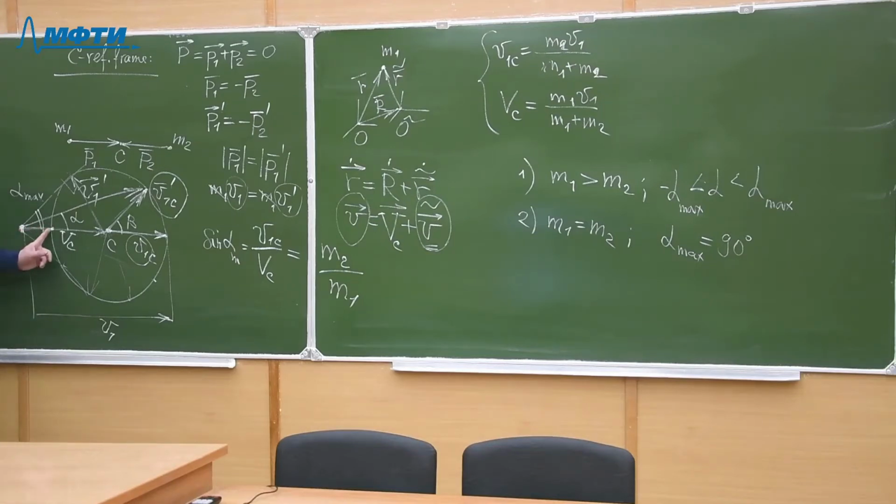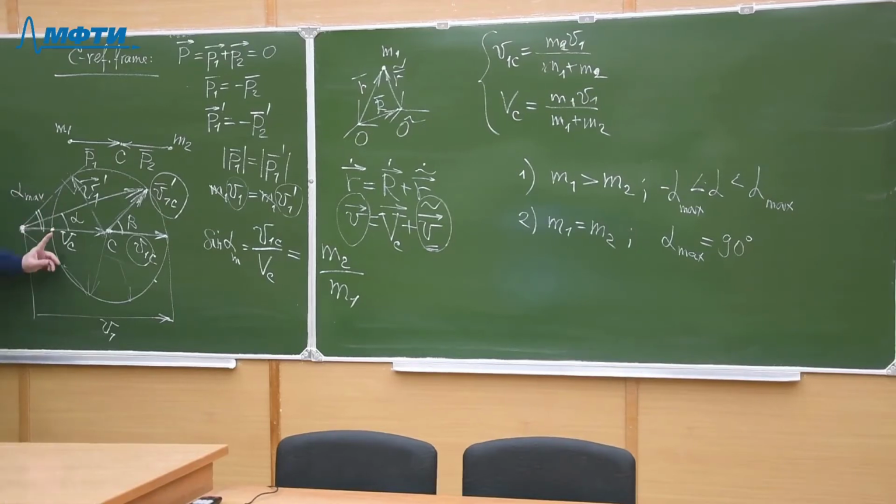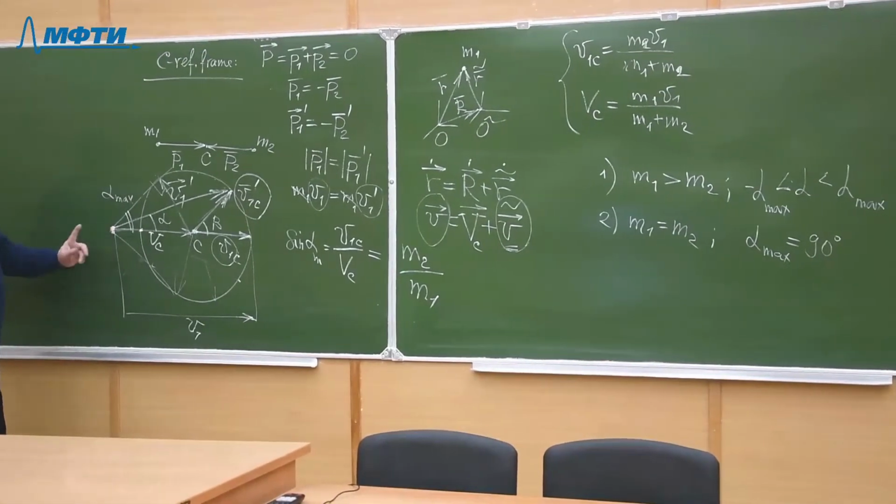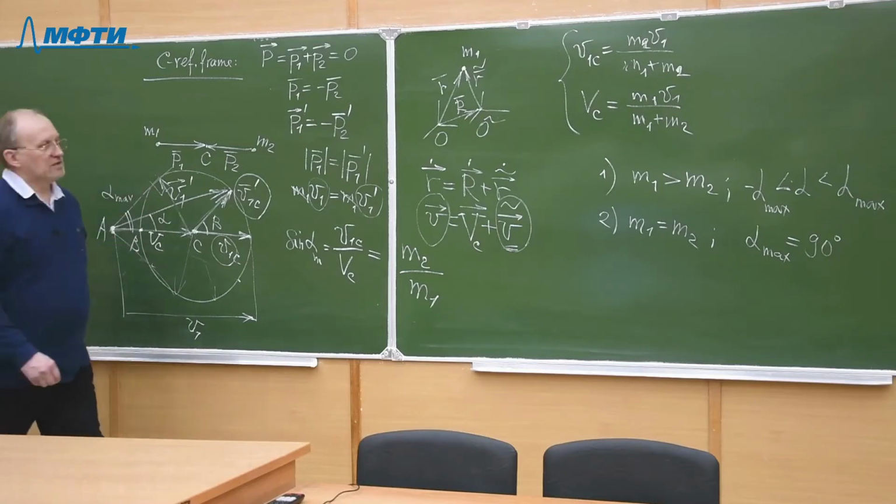This point will be here. Then the maximum angle of deflection will be 90 degrees. And that's obvious from the picture. If this point A, for example, coincides with this point B, then the maximum angle of deflection will be between plus 90 degrees and minus 90 degrees.